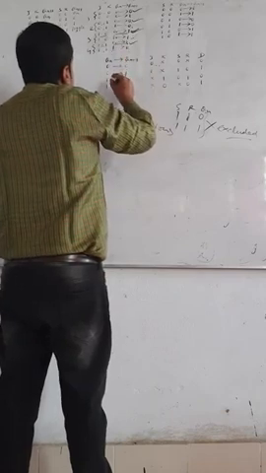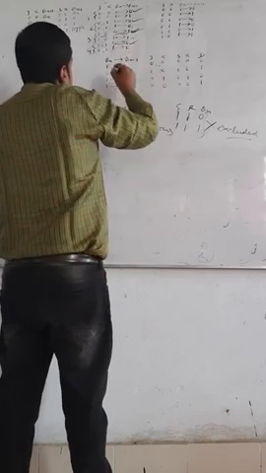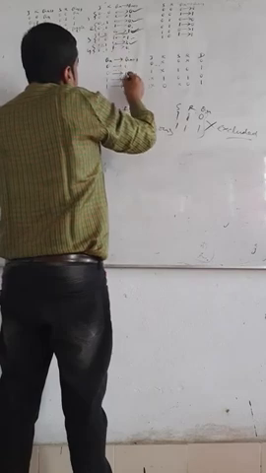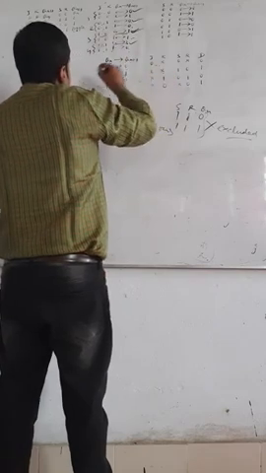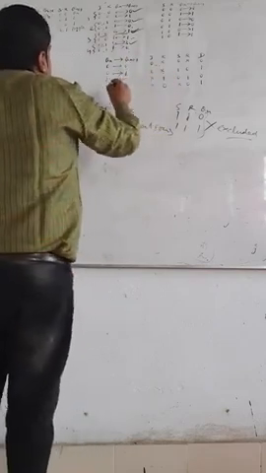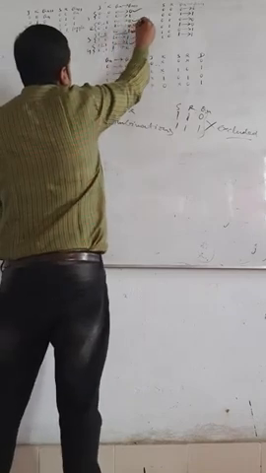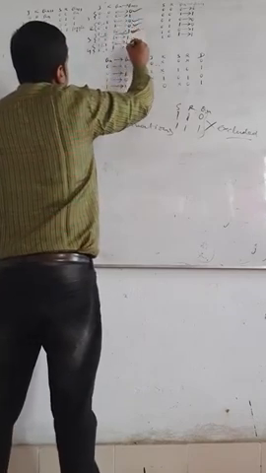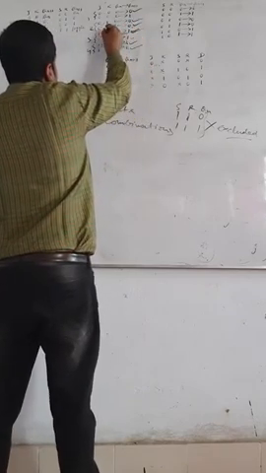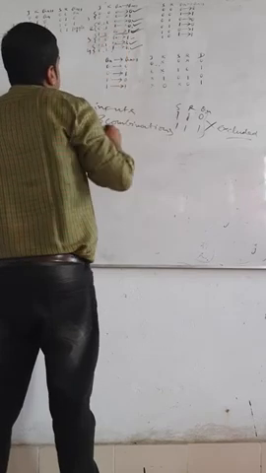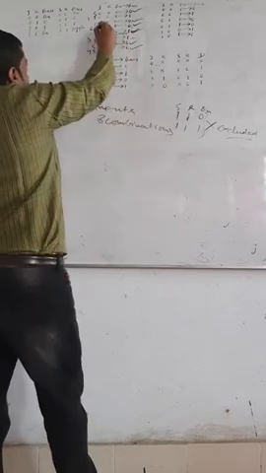So 1 0 and 1 1. 0 to 1 means J is 1, K is don't care. Now 1 to 0 state change: 1 in here, 1 in here. So 0 1 and 1 1. So here the change is happening 0 and 1.